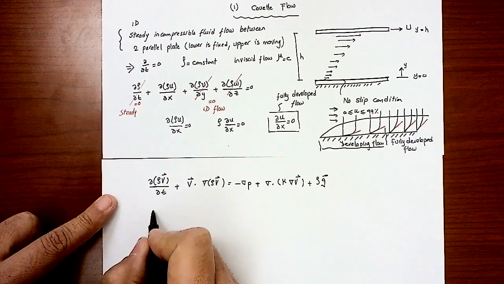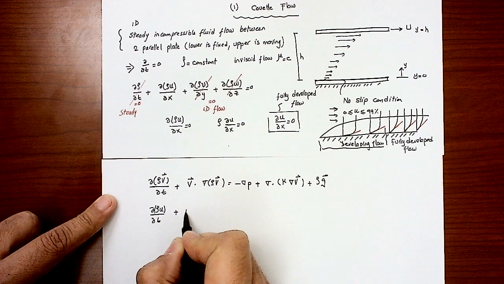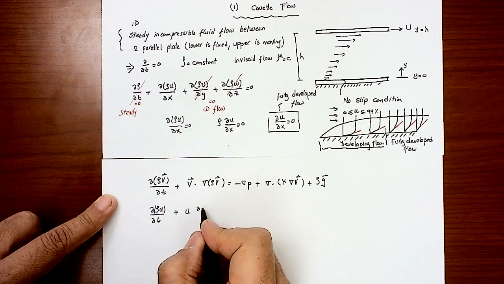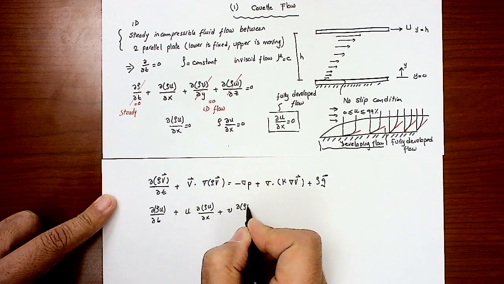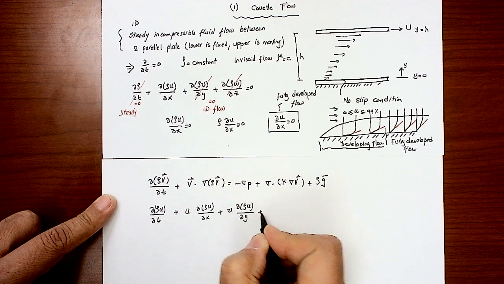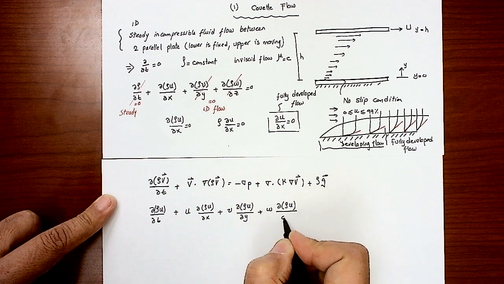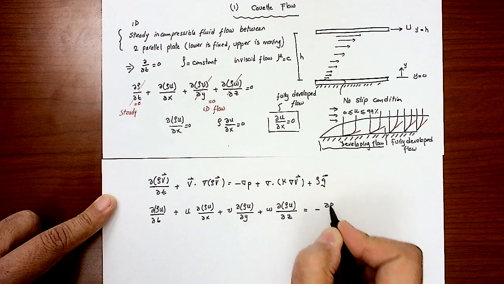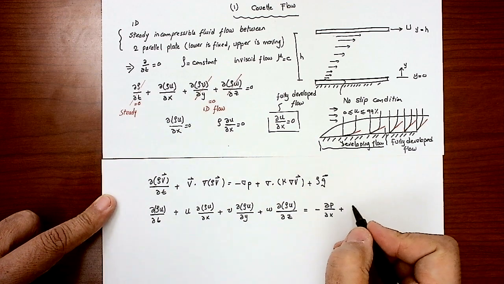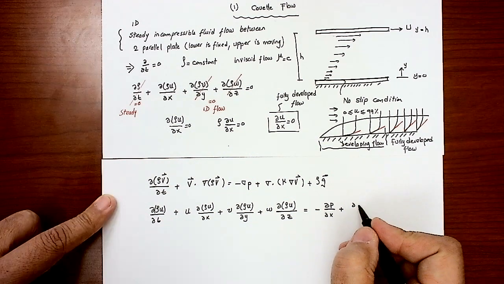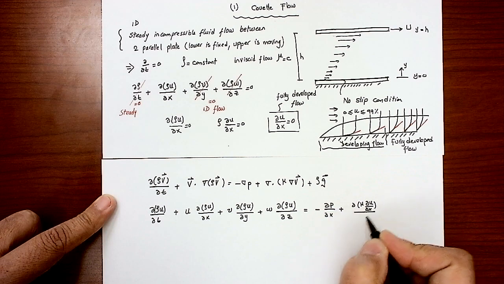That's going to be partial rho u by partial t plus u partial rho u by partial x plus v partial rho u by partial y plus w partial rho u by partial z equal to minus partial p by partial x plus partial mu partial u by partial x, that's total by partial x, right?